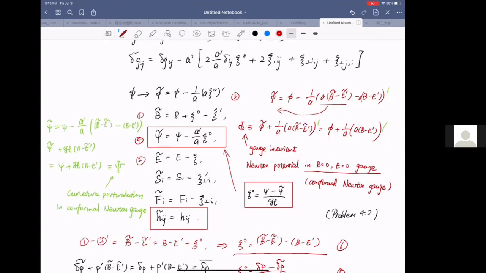But if everything can go back to the Newtonian approximation, it should be fine. I think that's the basic achievement of the paper written by Domenech and Sasaki.